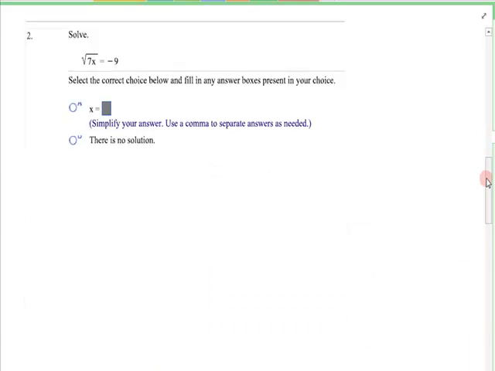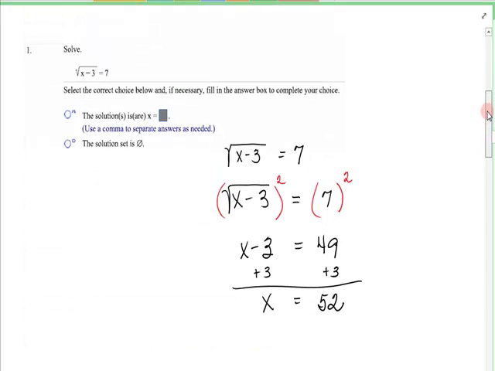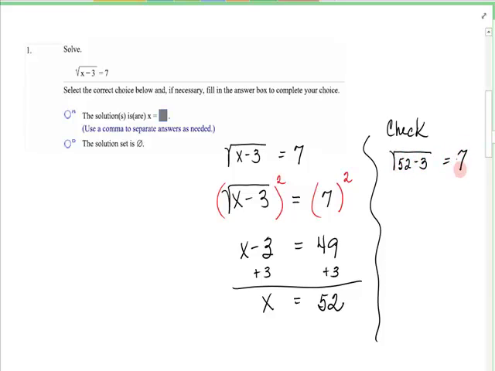Oh, let me go back to that problem. I forgot something very important. The act of squaring both sides can cause you to think you have the right answer when you might not. You literally have to check these. And I almost didn't. So, question, is the square root of 52 minus 3 equal to 7? And you have to check them in the original form.